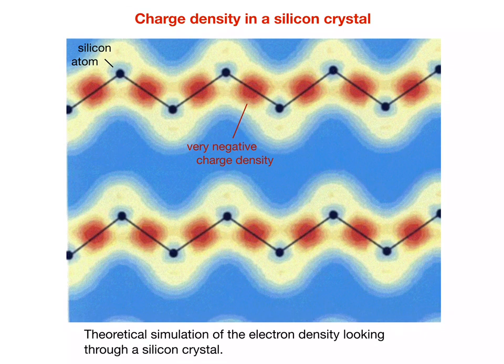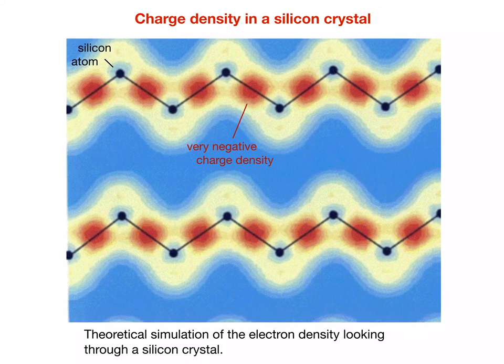Such charge clouds occur, for example, in covalent bonds that exist in silicon crystals, where they fix the silicon atoms in place. The macroscopic concept of a continuum of charge density is thus also very applicable in microscopic situations such as this, illustrated here through a simulation of the electron density in a silicon crystal.